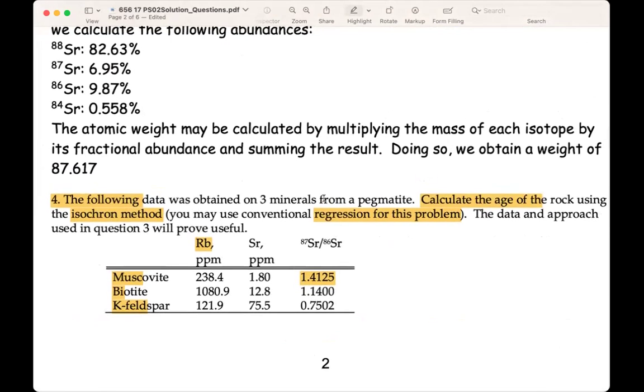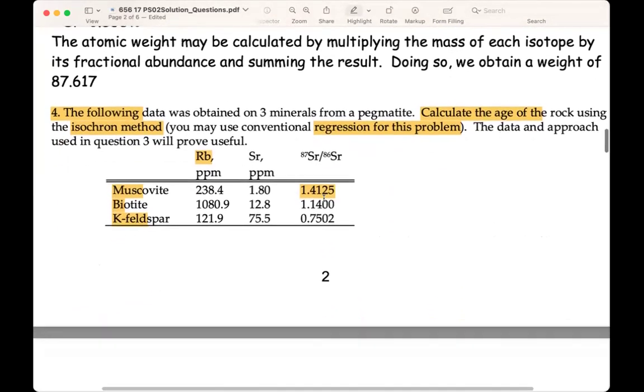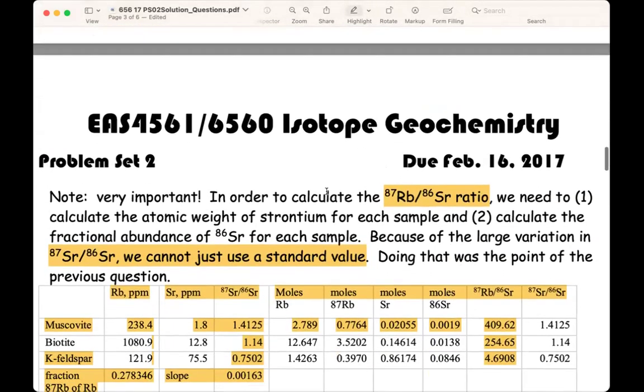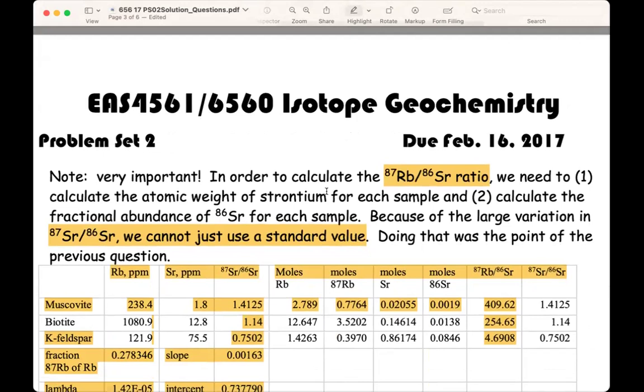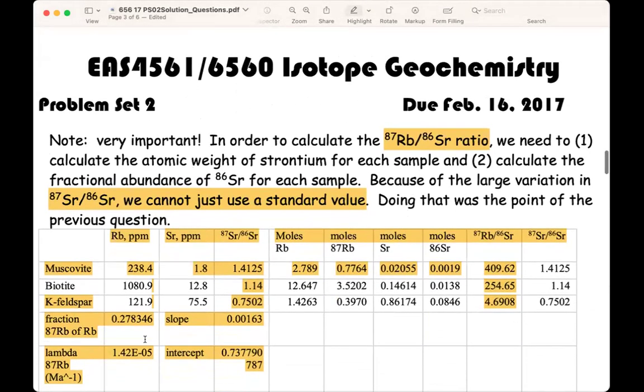Lambda should be given anyway. Otherwise at least the half-life should be given, so in that case you can get the lambda. Here the lambda is given in this place. So use that lambda and get the intercept and the slope.